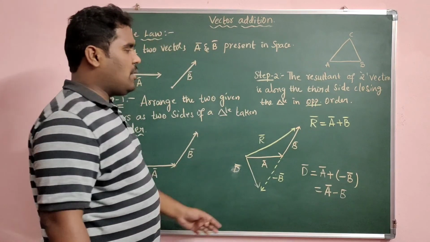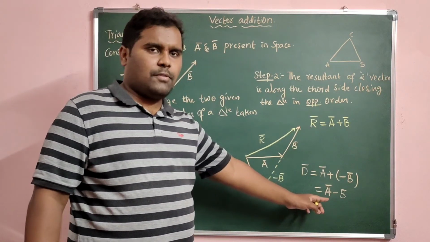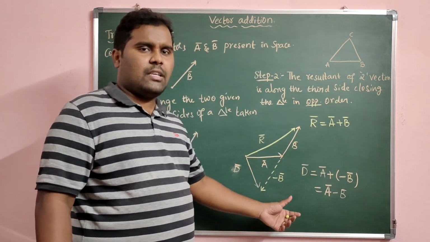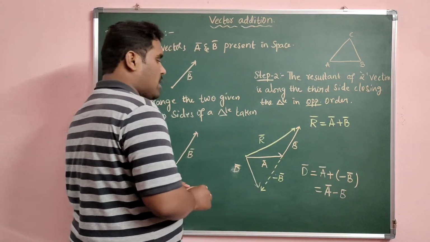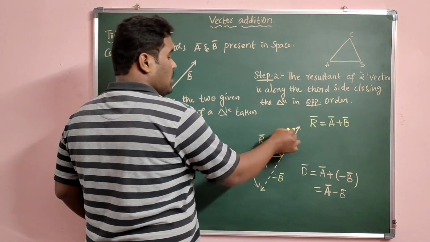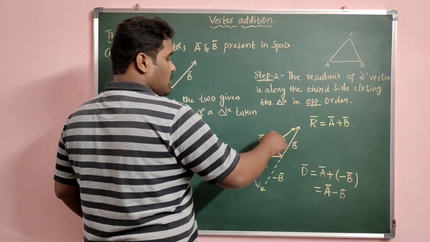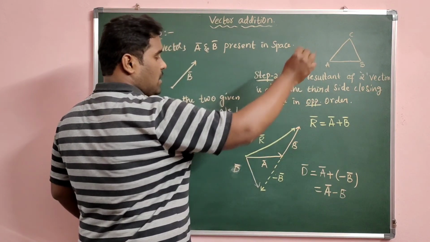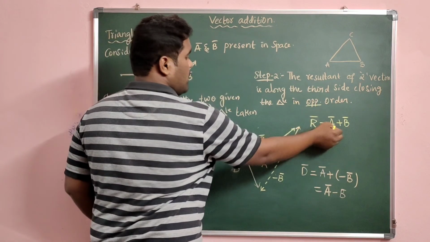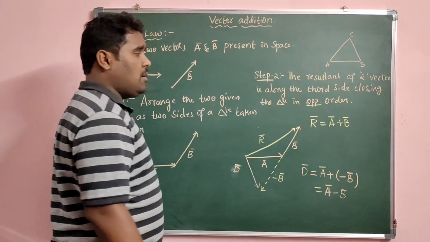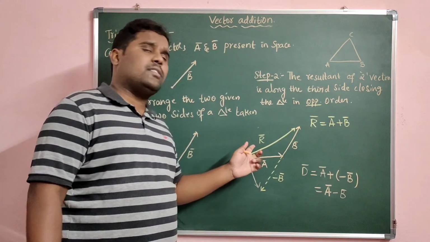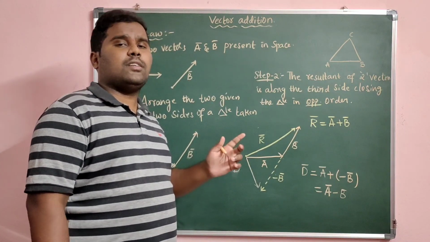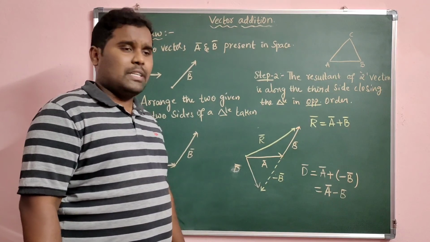Thus you can even calculate the subtraction of vectors using this triangle law. And here one thing you just remember, this triangle law gives you the direction of the resultant vector of two given vectors A bar and B bar. To find the magnitude of this resultant, we will discuss it in the parallelogram law of vector addition.